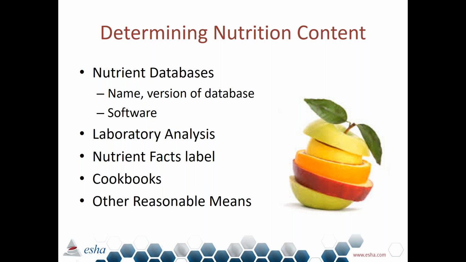Genesis has a way in the notes section that you could put a date, the reason for change, and write down the name of the person who made that change, so you have a running tally of all the changes that were made. You also can use laboratory analysis, nutrition facts label, cookbooks, and other regional means, but make sure you have everything collected and in order in the event that the FDA asks for more information.